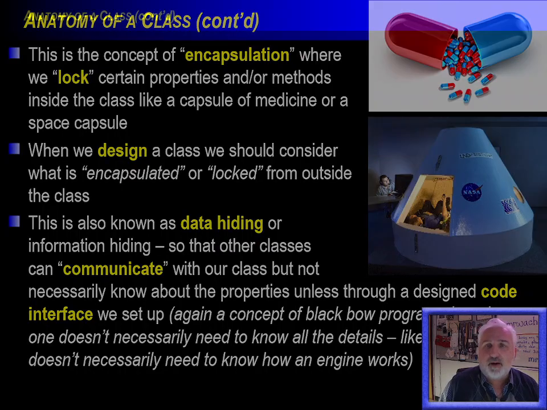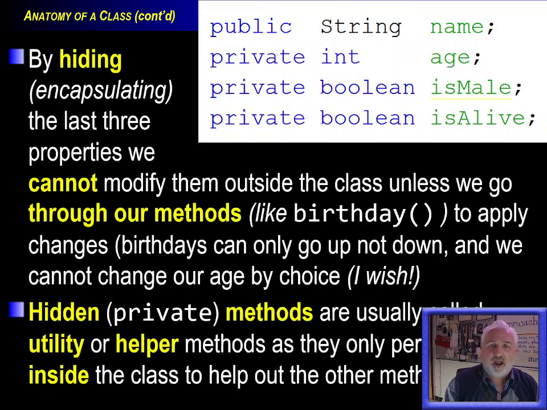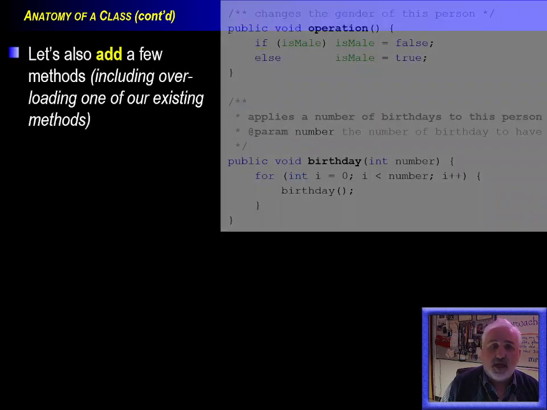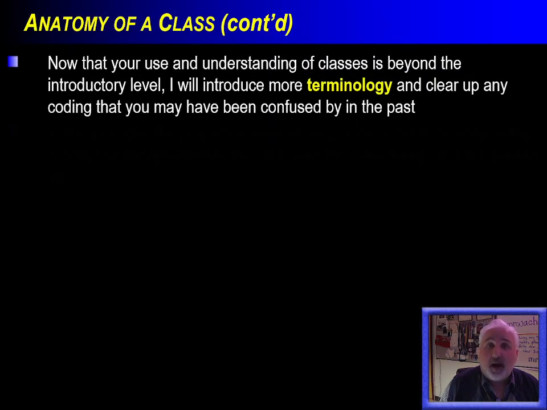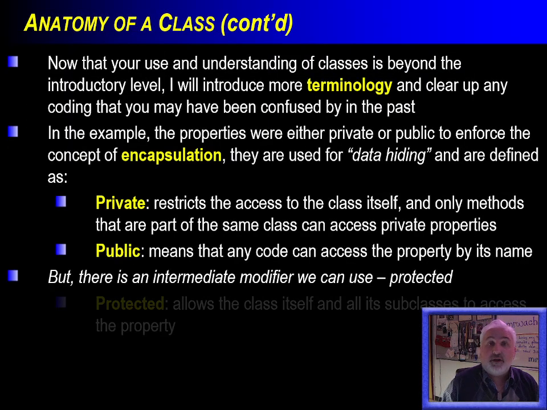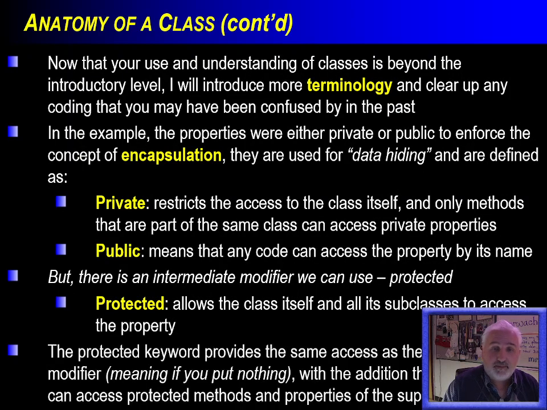So as a programmer, you set up public and private, and the concept of encapsulation, to best model the class you're designing. You can see examples of this in the code in that 30S course, where we have both private and public properties and private and public methods. By the way, a private method is sometimes called a utility or a helper method.